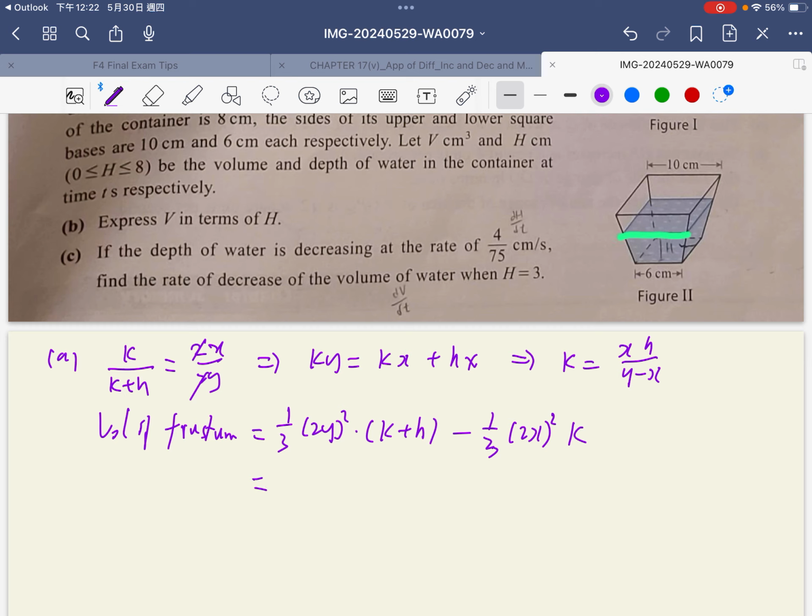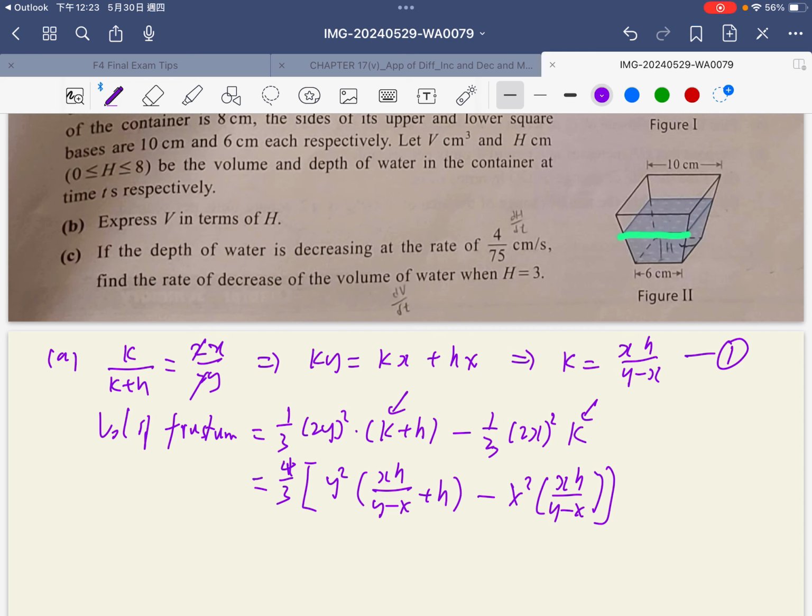Then factorize the 1 over 3 outside, and also put the k in here. Also factorize the 4 outside. 4 times y squared times (xh over y minus x plus h) minus x squared times xh over y minus x.